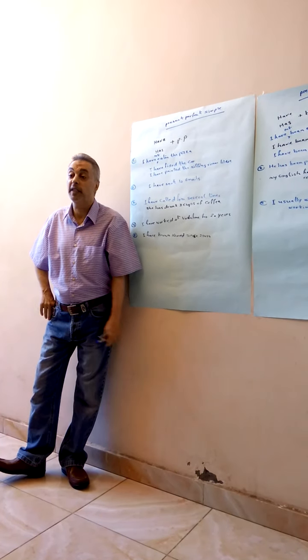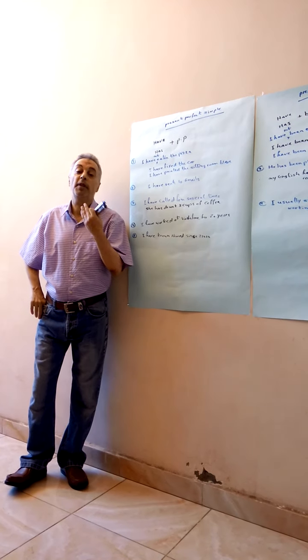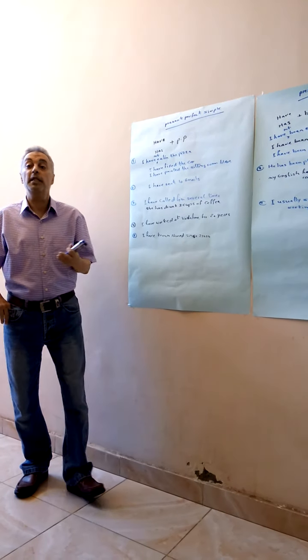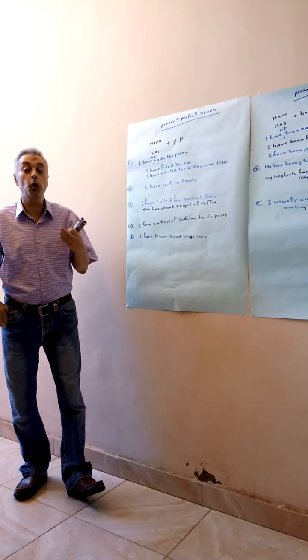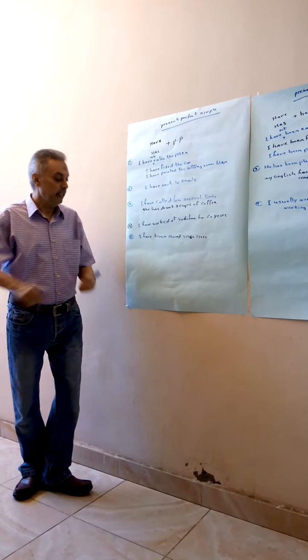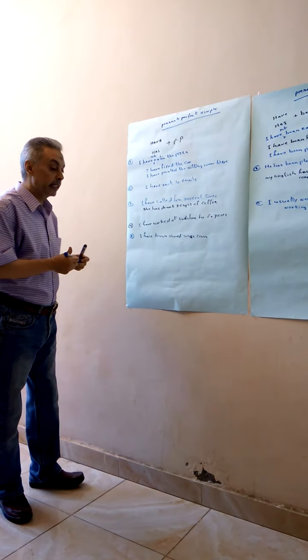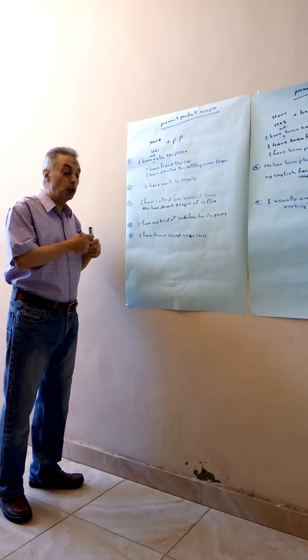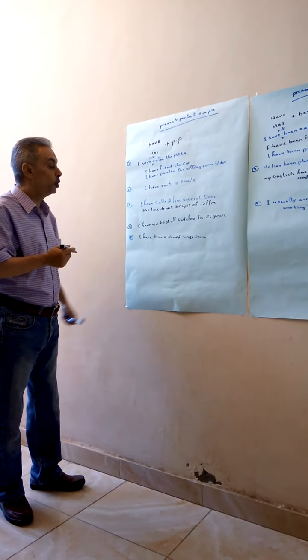We use the present perfect simple when we want to show that something is permanent. We use the present perfect progressive when we want to show that something is temporary. Some signal words can help us to know which of the two tenses to use.